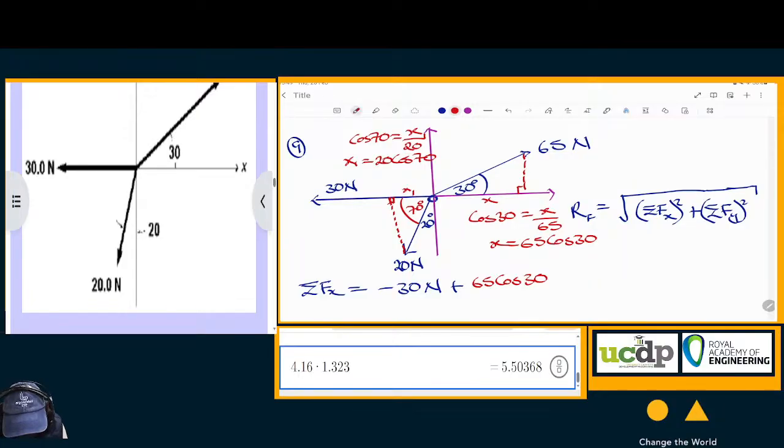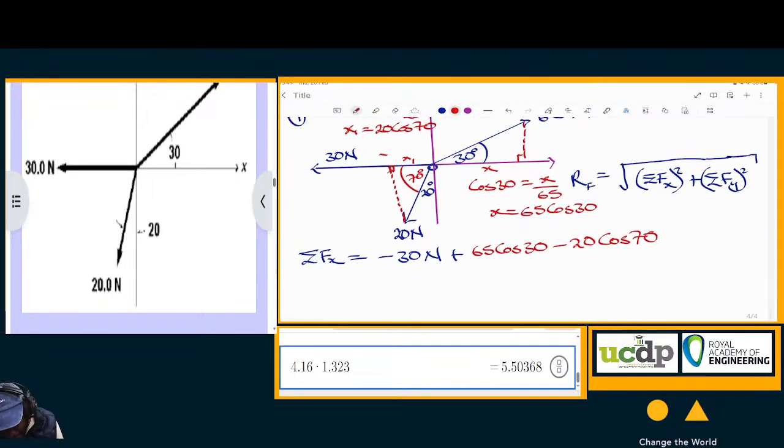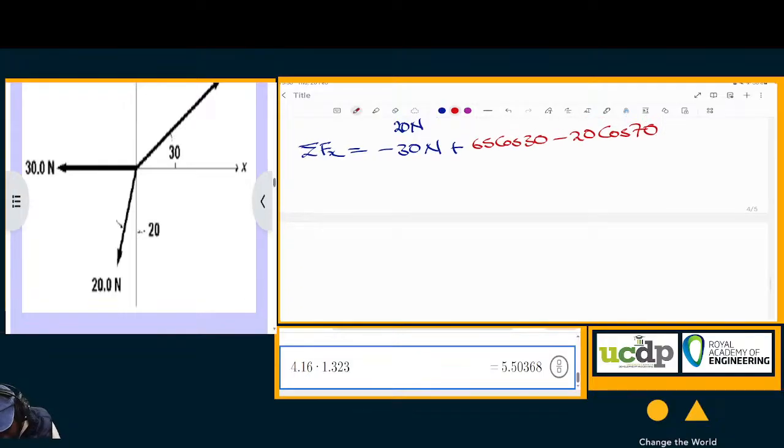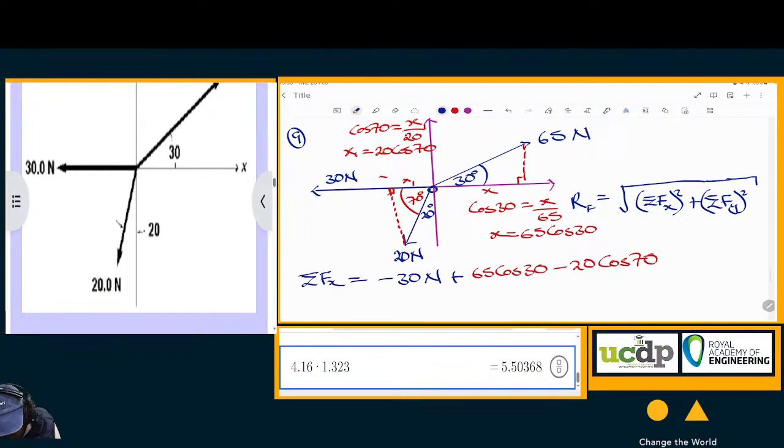You can see that it's on the negative side of the x-axis, so it becomes negative 20 cos 70. You do the same thing for your y-axis. I'm going to punch it all at the end. Summation for the y-axis: that 30 does not contribute.